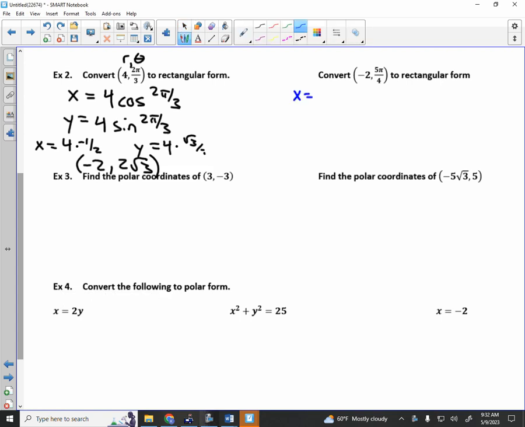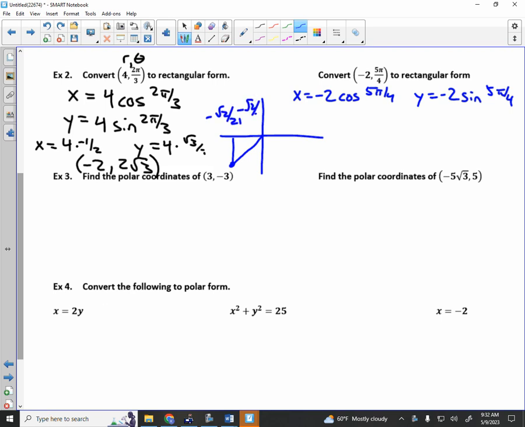All right, x is equal to negative 2 times the cosine of 5 pi over 4, and y is equal to negative 2 times the sine of 5 pi over 4. You had to find the exact value for 5 pi over 4. 5 pi over 4 was how many degrees? 225. So that coordinate right there is negative root 2 over 2 and negative root 2 over 2.